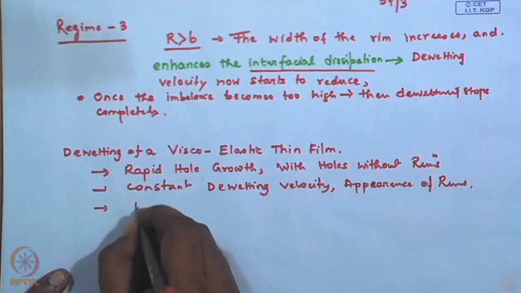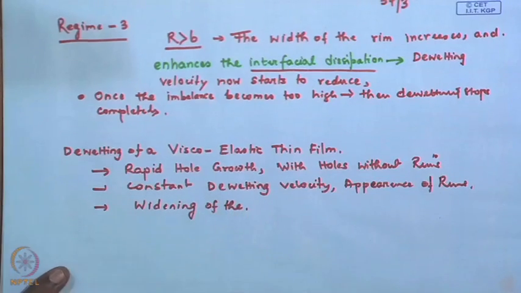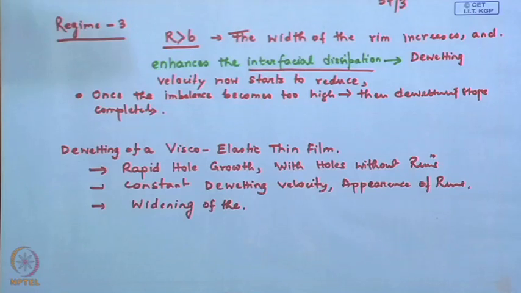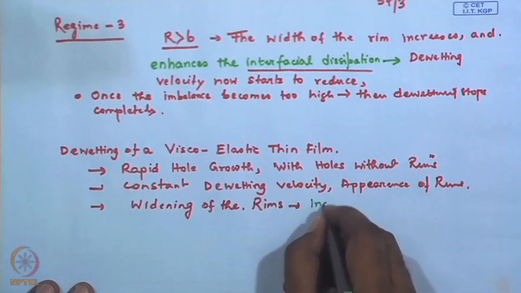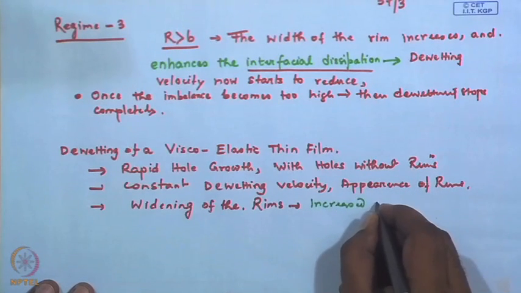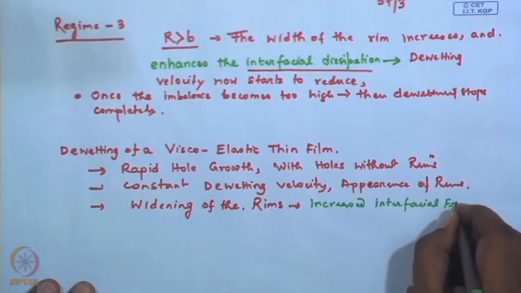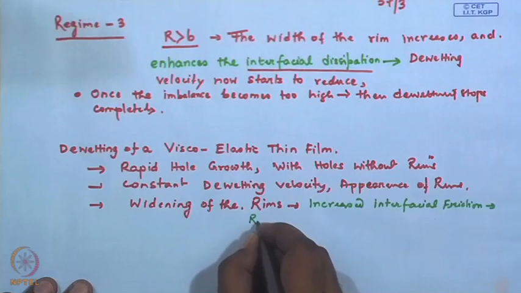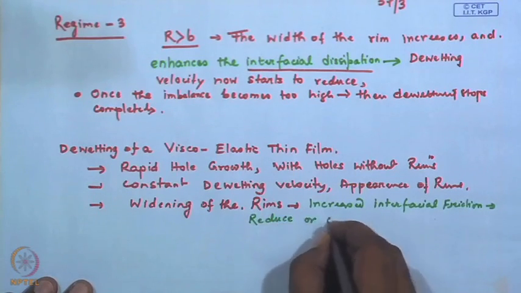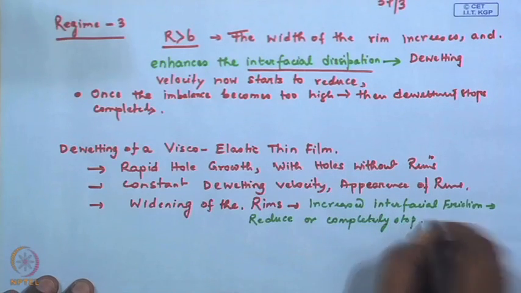Third stage, widening of the rims, which leads to increased interfacial friction, and that might reduce or completely stop dewetting.